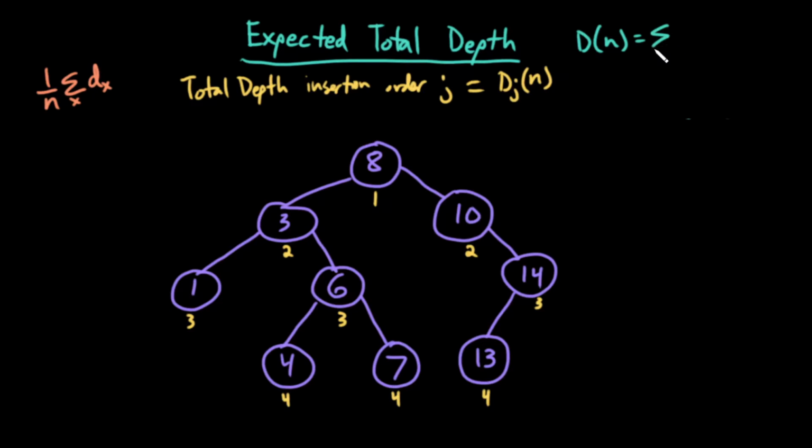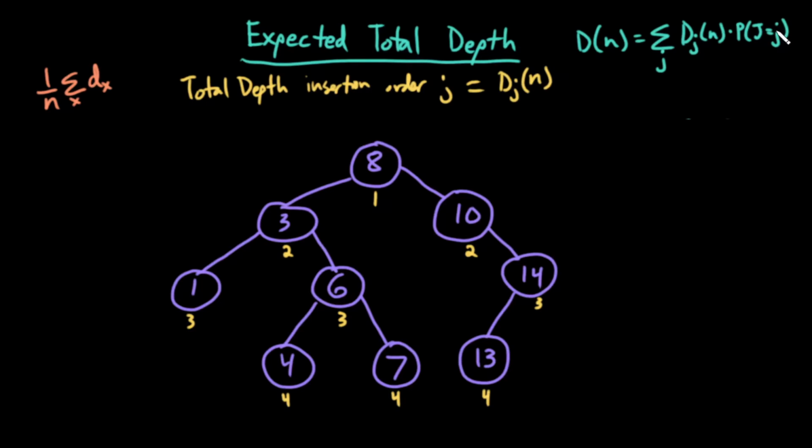So this would be the sum over all possible insertion orders j of the total depth given that insertion order times the probability that I actually saw that specific insertion order.